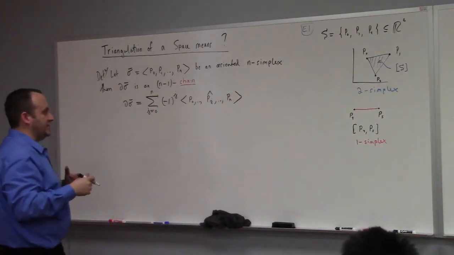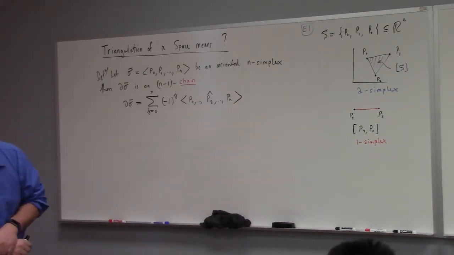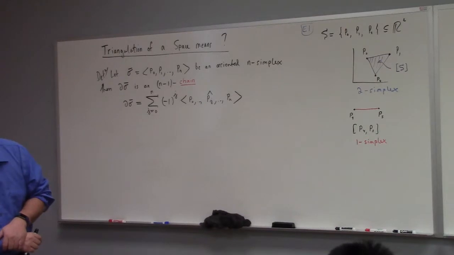So in other words, it's an alternating sum of n minus 1 oriented simplices, where we're doing plus or minus depending on which one we're removing from the list. Here the caret means that the vertex p sub j is deleted.